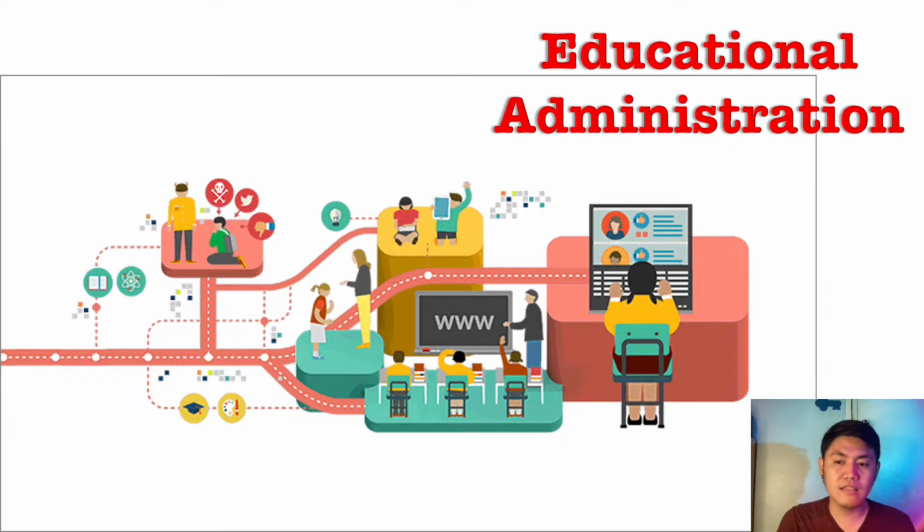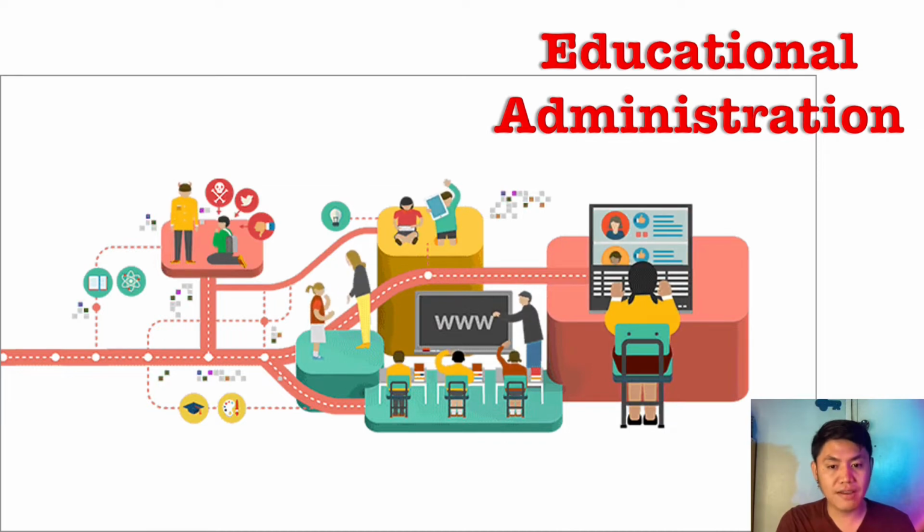The focus, ladies and gentlemen, of educational administration is the enhancement of teaching and learning. And we can define educational administration as a process through which the school administrators arrange and coordinate the resources available to education for the purpose of achieving the goals of the educational system.